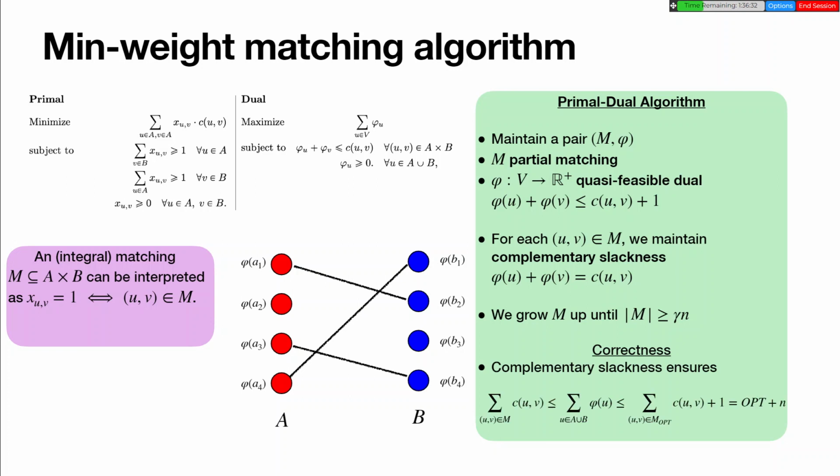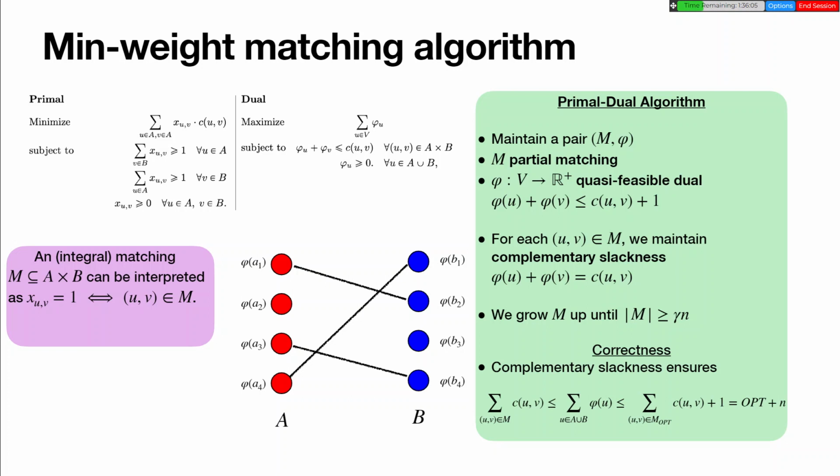Complementary slackness ensures that the combined cost of edges in our matching is at most the combined potential, and the combined potential is in turn at most the cost of an optimal matching plus 1 per edge because of the quasi-feasible condition.